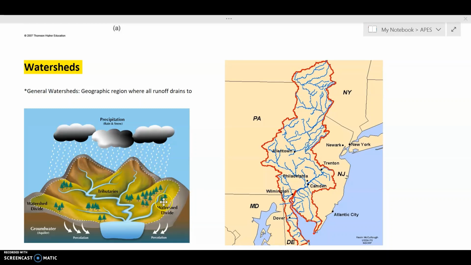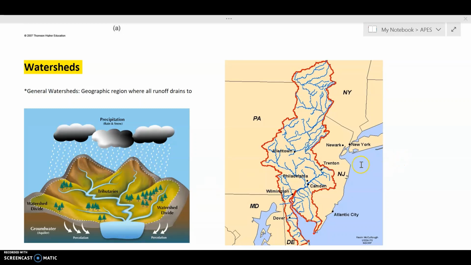Likewise, if you have a farm up here in the watershed, all those nutrients and that fertilizer is going to end up in the waterways and they're going to end up in that basin.